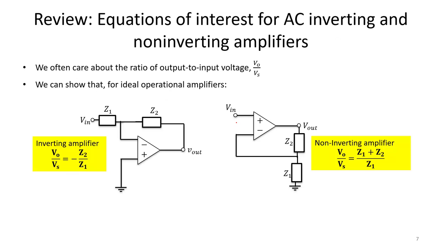Alright, so our last item to review before we cover frequency response is our equations for inverting and non-inverting amplifiers in AC conditions. You'll remember in our previous video, we learned that inverting and non-inverting amplifiers have their behavior governed by these two known equations.